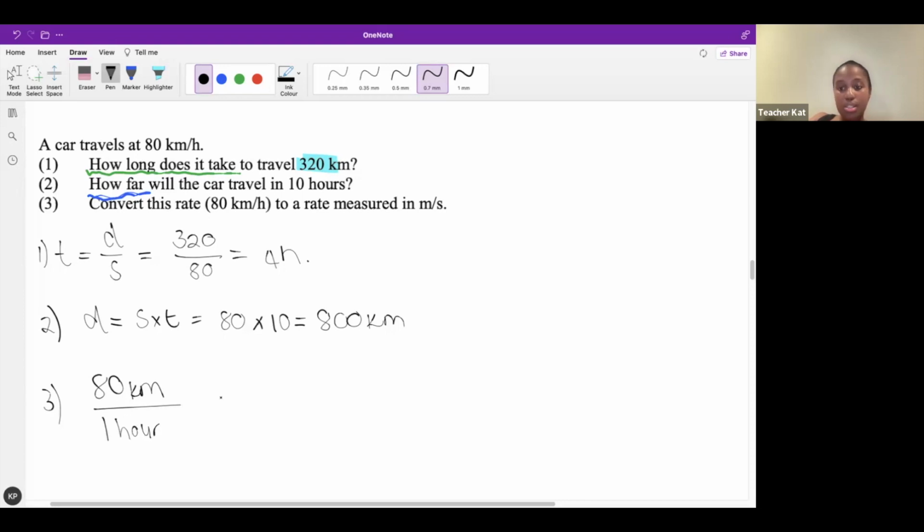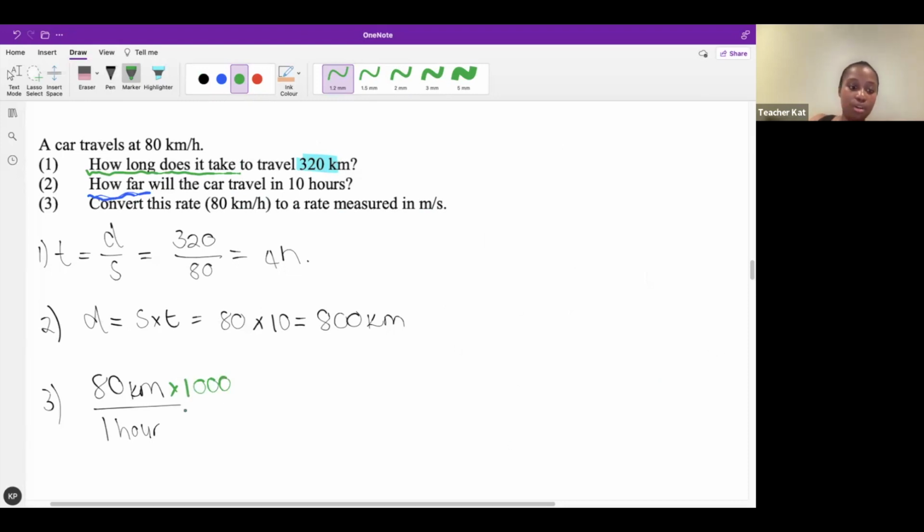We're going to convert these separately. I'm going to start with kilometers at the top. How do I go from kilometers to meters? We did this in the previous lesson. We times by 1,000. Done.